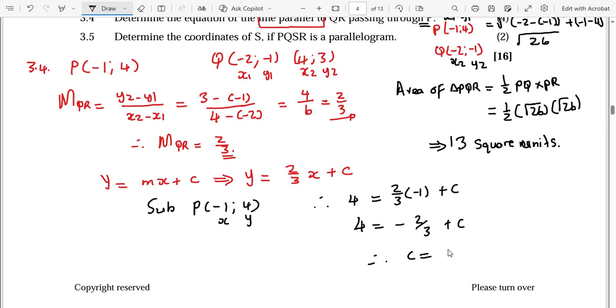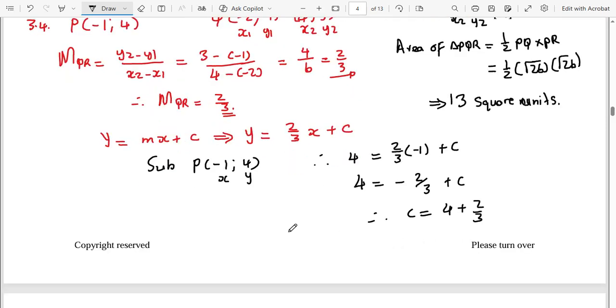So the value of c is just 4 plus 2 over 3. 3 times 4 is 12, plus 2, that's 14 over 3. So c will just be 14 over 3. That's the value of c. So what will be the equation?